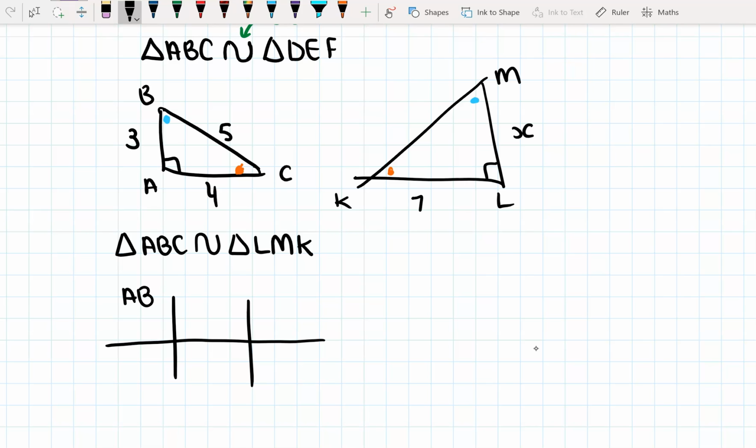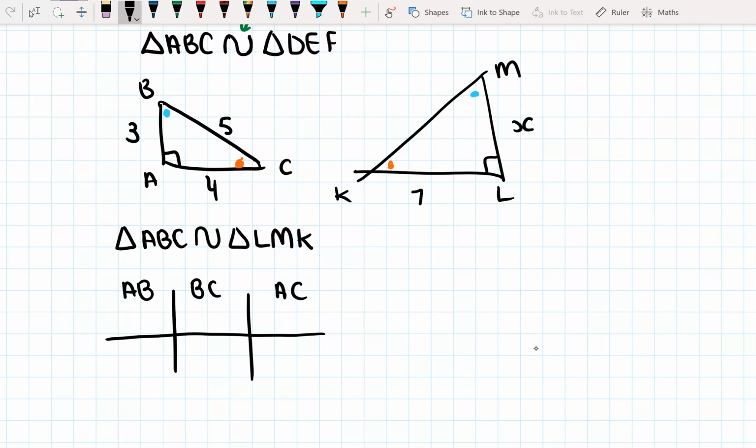Firstly, label your one triangle in the ratio table. Then you need to find those equivalent sides. So AB was the 90-degree vertex to the blue.